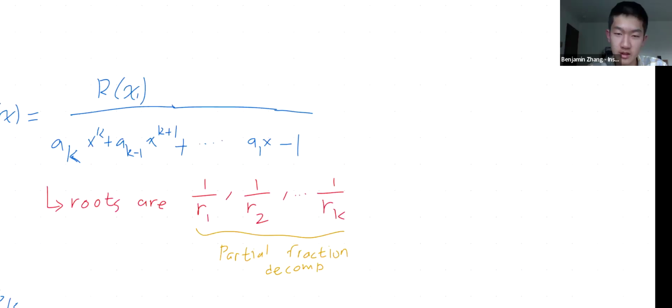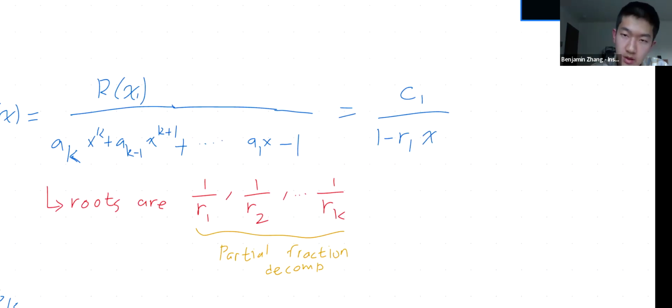So we can write it in this form: C1 over 1 minus R1x, plus C2 over 1 minus R2x, plus all the way plus CK over 1 minus RKx.